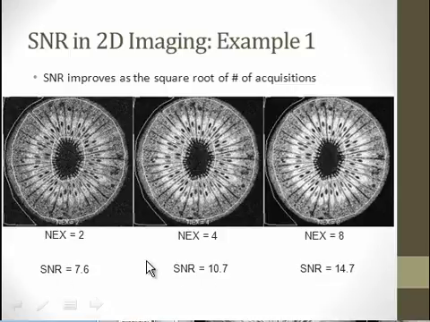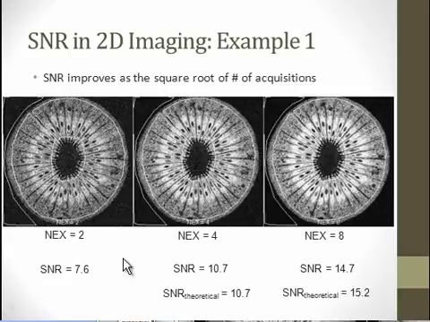Theoretically, we know that going from 2 to 4, we should see an increase in SNR of root 2. So we should see theoretically 10.7, and that's how it worked out, which is nice.